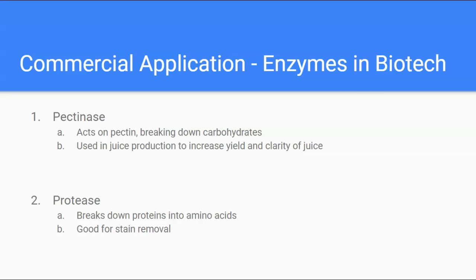This acts on pectin, which is something that breaks down carbohydrates, but really pectinase is used in juice production. So if you are separating it out into its pure self, you can increase the yield of juice and the clarity of juice. If you've ever seen really natural apple juice, it's a little bit murky. You can't quite see straight through it, but if you are just using this enzyme, you can actually make the juice pretty clear.